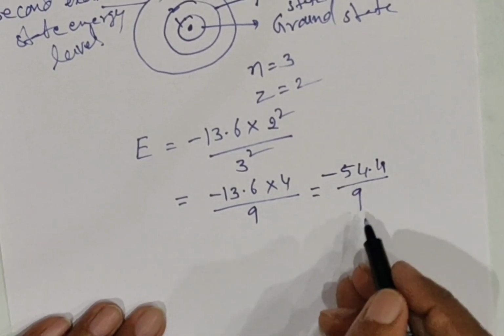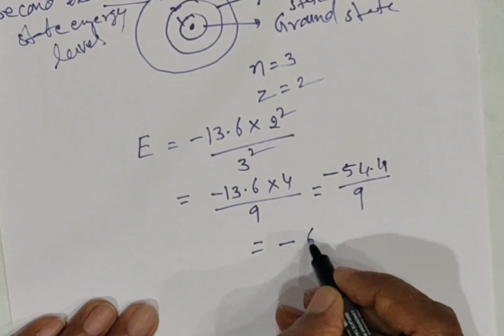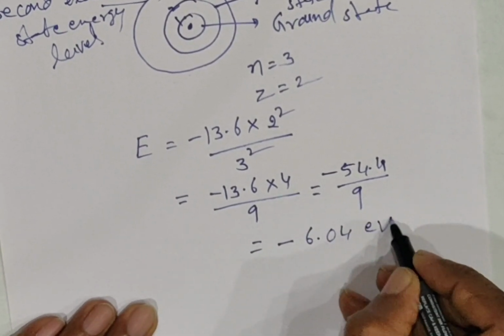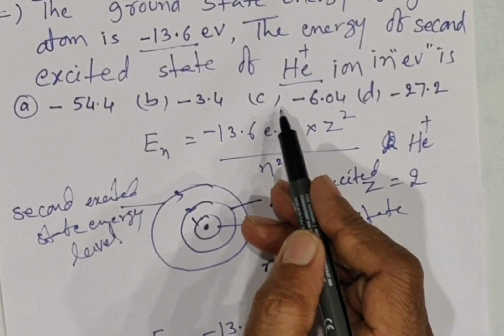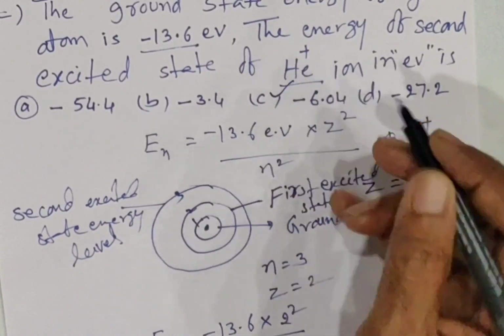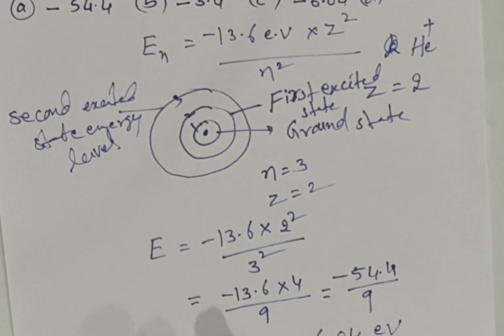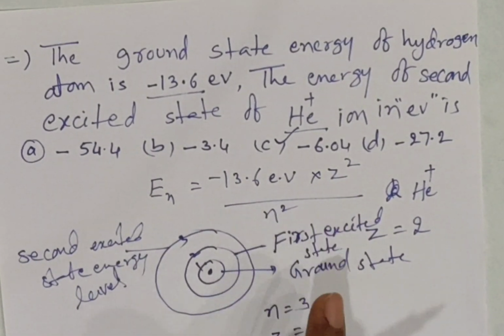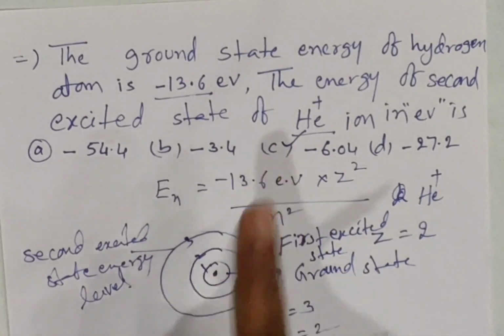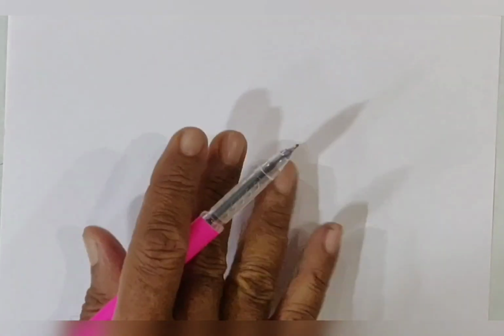Now by dividing this value by 9, we will get minus 6.04 electron volts. In the options, third option C is the correct option, minus 6.04. So these are very important, that's why you must and should remember these problems. Hydrogen spectrum is also very important.